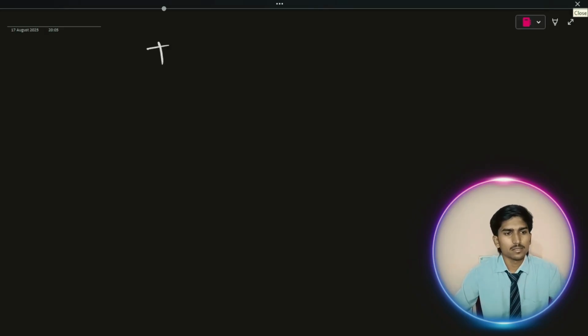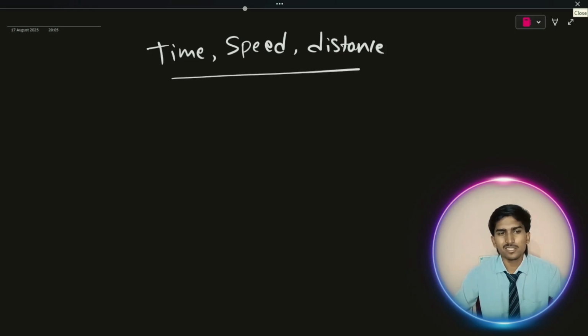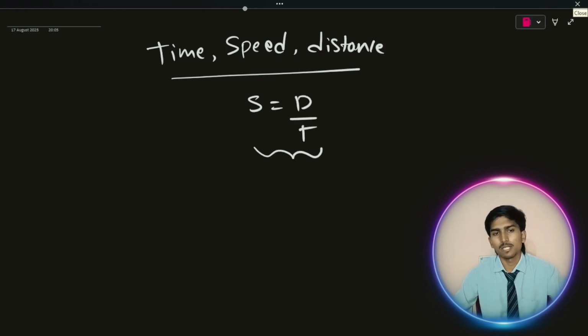Okay, time, speed and distance. We know the formula which relates these three units, that is speed is equal to distance by time, and we are going to use this formula throughout to solve the problems. We know the units of distance.